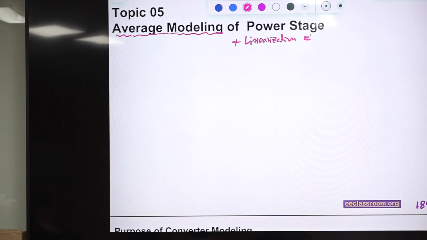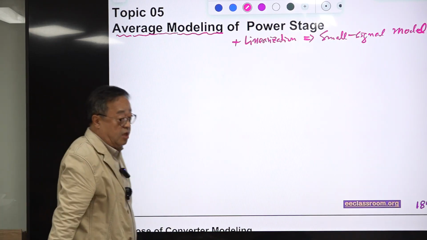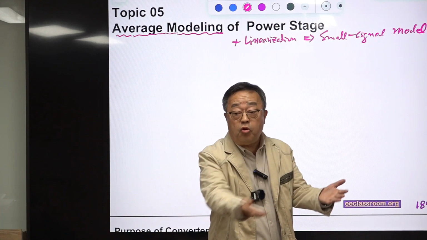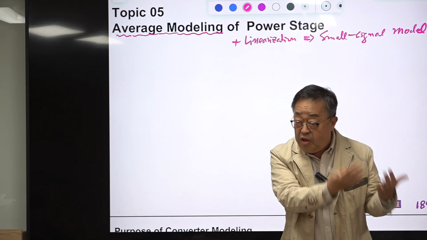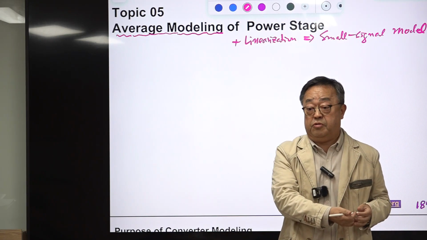Then this will provide you a small signal model. If you have a small signal model, you can use it to analytically calculate and predict all the discussions we went through using the measurement or simulation empirical method.